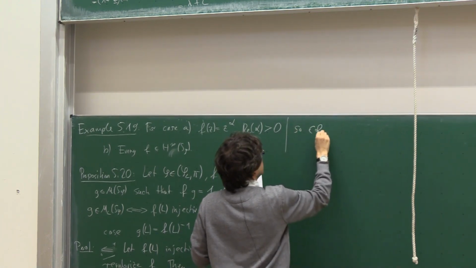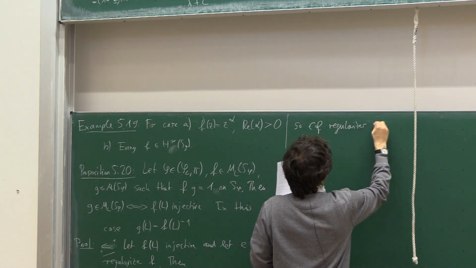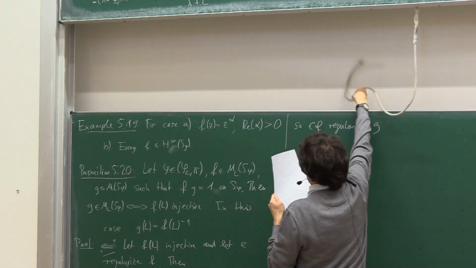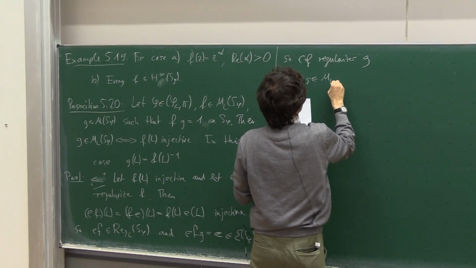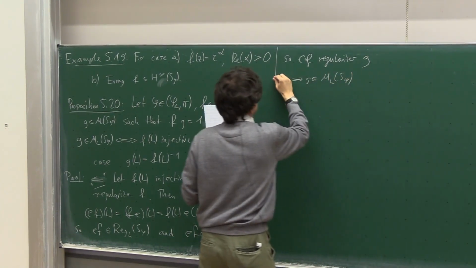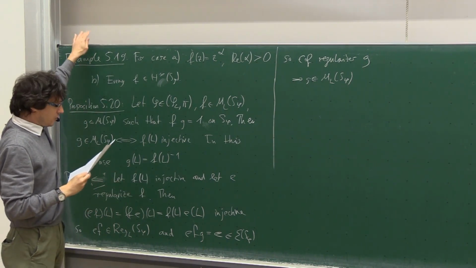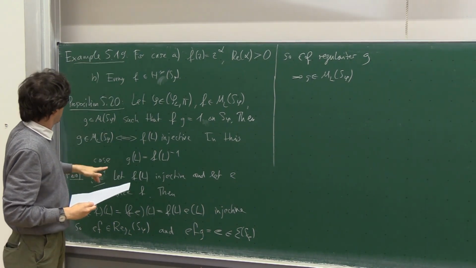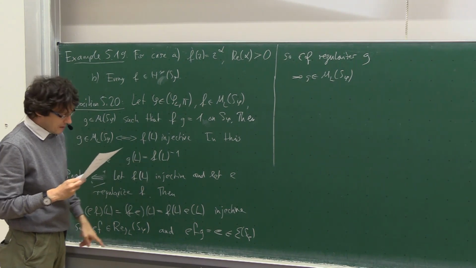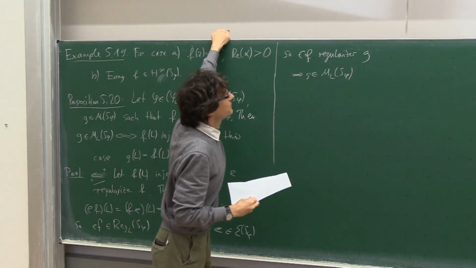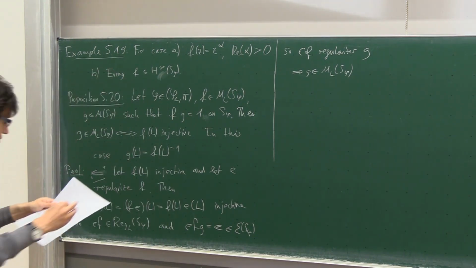So EF regularizes G. And this means that G is in MLS phi. Okay, so the rest, to show that you really get this equality that G of L is F of L to the minus 1, and the other direction, I have to refer to the lecture notes.